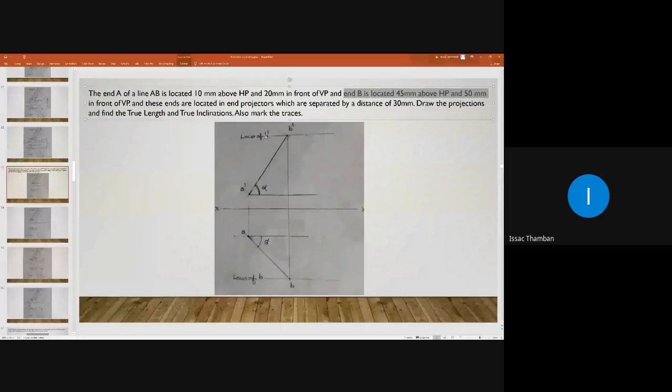Let us mark the locus plane of point B dash and B. So how do you mark that? For marking the locus plane, you have to draw a thin horizontal line through point B dash, and you can mark it as locus of B dash.